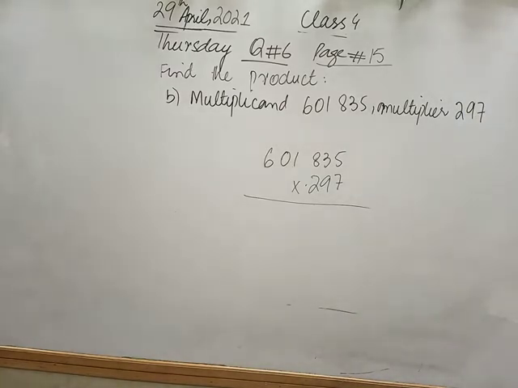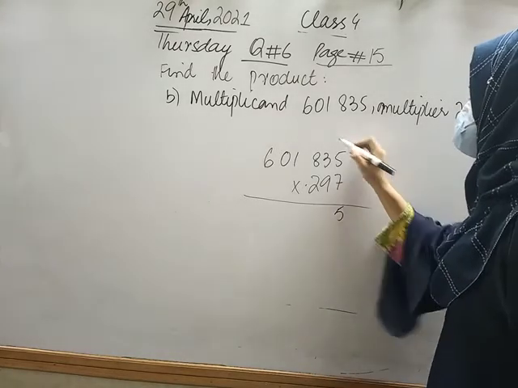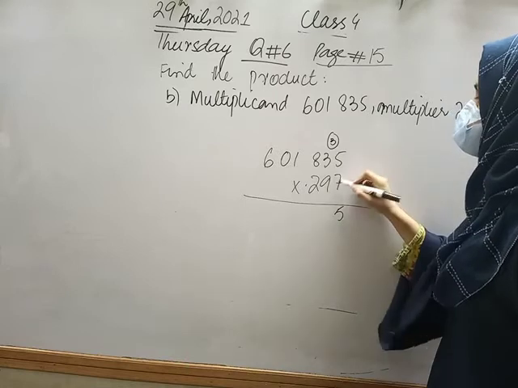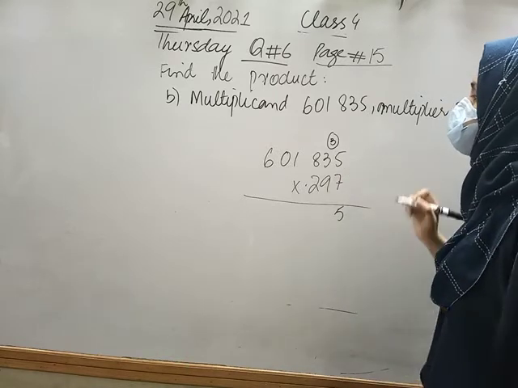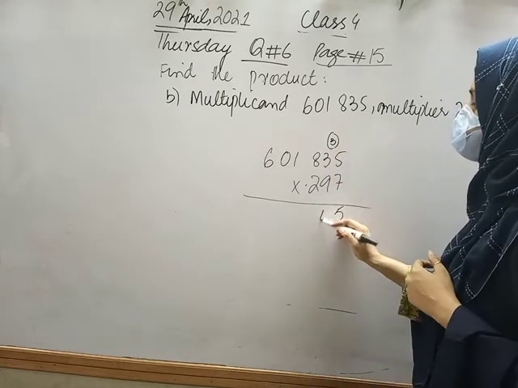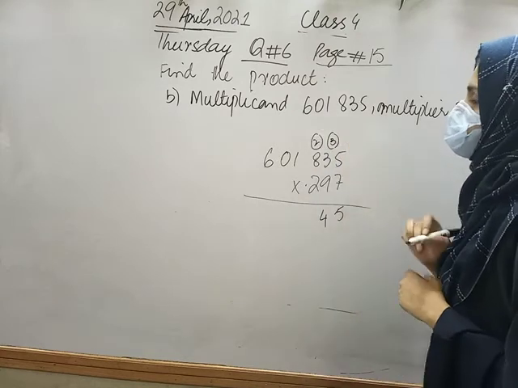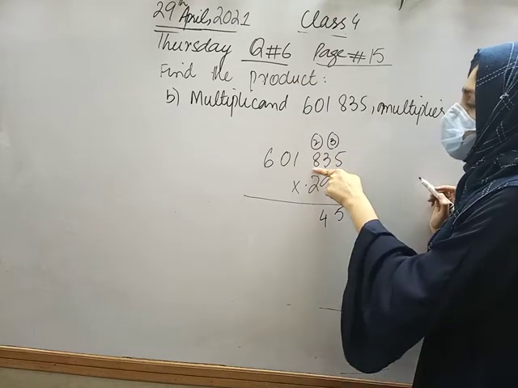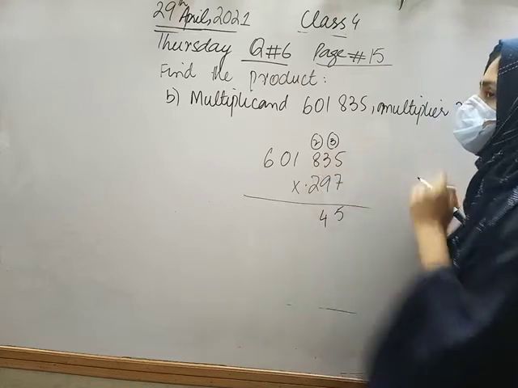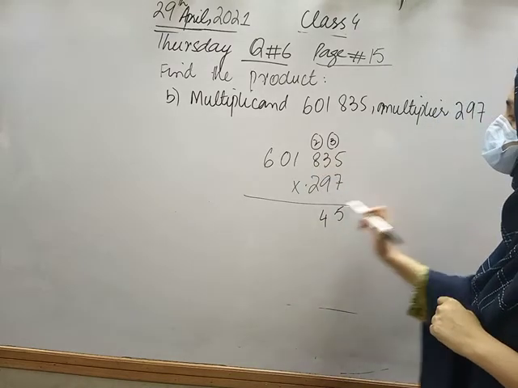Let's see here, class. 7 5 times 35, 3 carry. 7 3 times 21, 21 plus 3 is 24, 2 as a carry. 7 8 times 56, 56 plus 2 is 58.